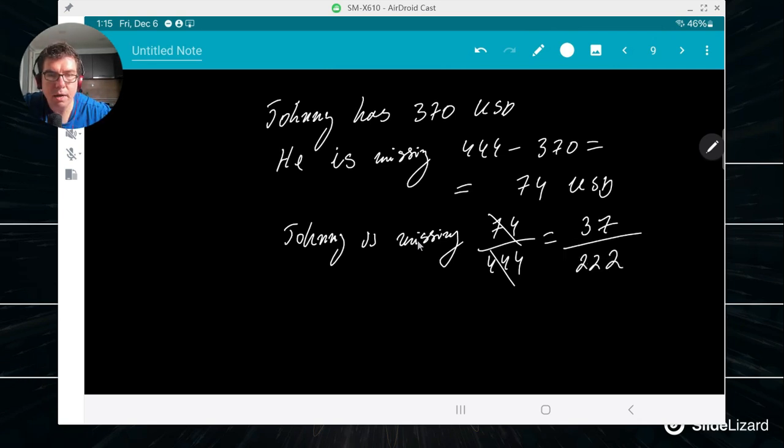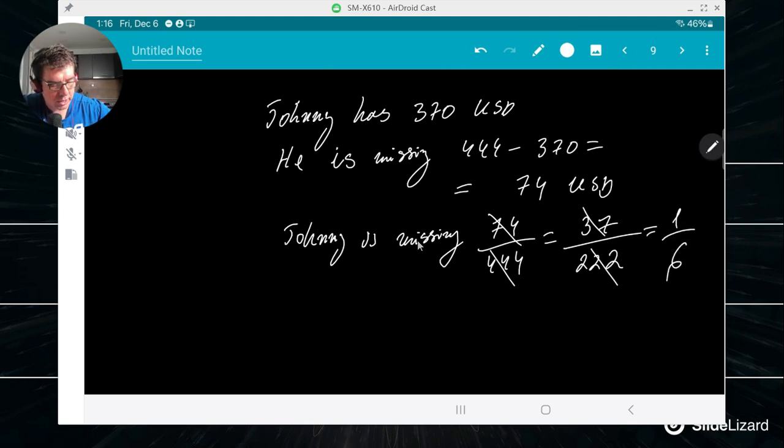Okay, and now 37 is a prime number, right? 37 cannot be divided by any other number except 1 and itself. So let's figure out if 222 can be divided by 37. If we divide 222 by 37, actually we can figure out that yes, 222 can be divided by 37 and it's equal to 6.